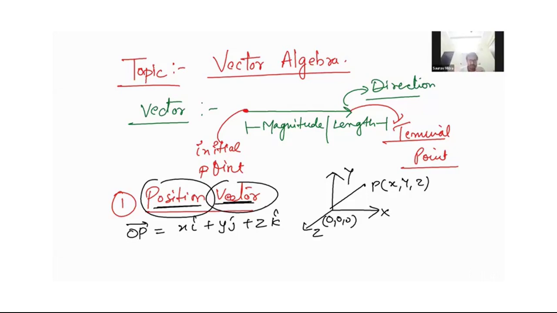They are the unit vectors along the x-axis, y-axis and z-axis: i cap along the x-axis, j cap along the y-axis, and k cap along the z-axis. So the position vector is always measured from the origin. We should be very clear about the definition of the position vector, because it is always asked in questions.